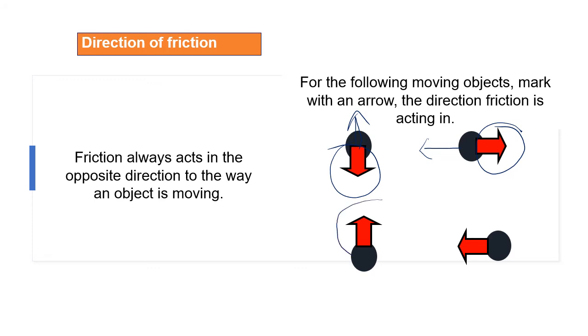Third one, object is moving up. Friction should be acting in the opposite direction, so it should be moving down. And the last one, the object is moving towards the left. Friction should be acting in the opposite direction, so it is acting towards the right. So keep in mind, friction always acts in the direction opposite to which the object is moving.